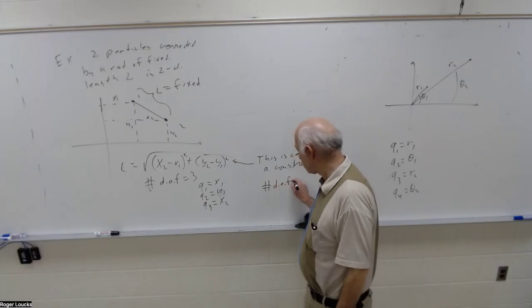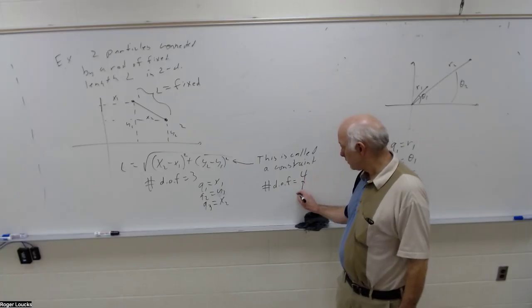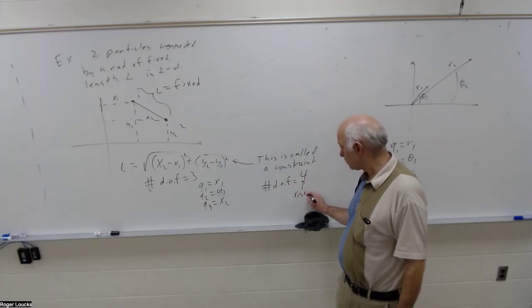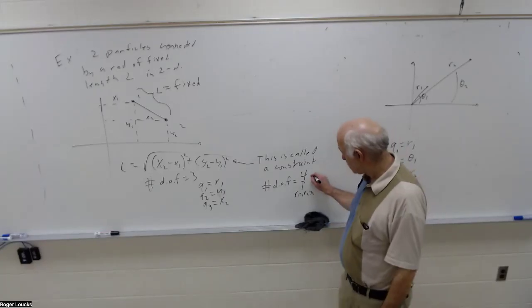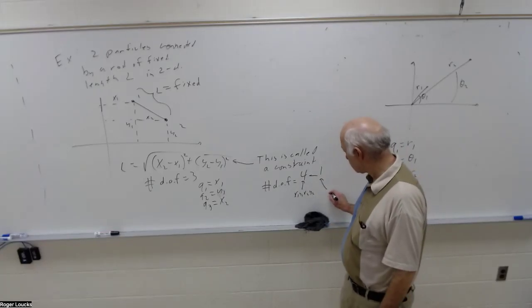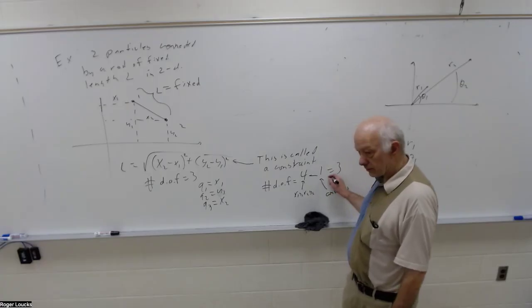How can I write this? I could really take 4, so this would be my x1, y1, x2, y2, all those original coordinates. Then I have one constraint. This is the constraint. And this would be my 3.